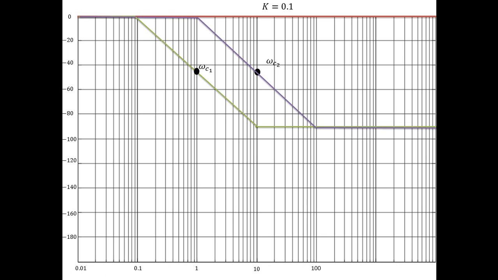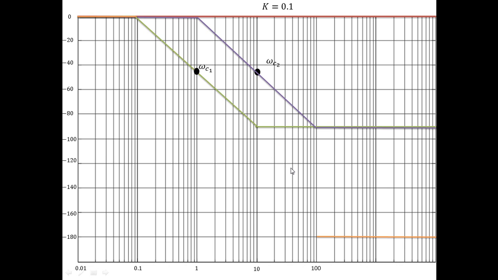So similarly to the magnitude plot, I need to just add up these asymptotes together. Before omega 0.1, all angles are 0, so I have the 0 angle. After 0.1, up to frequency 1, I have just one straight line, one angle.